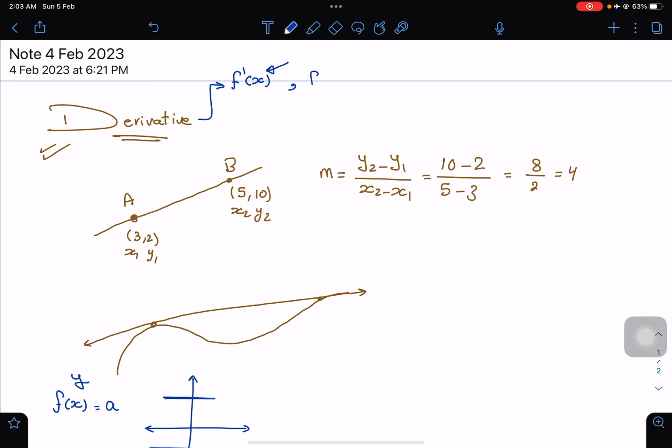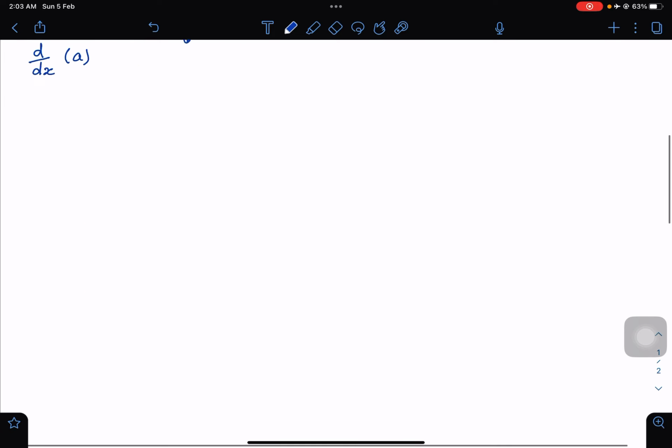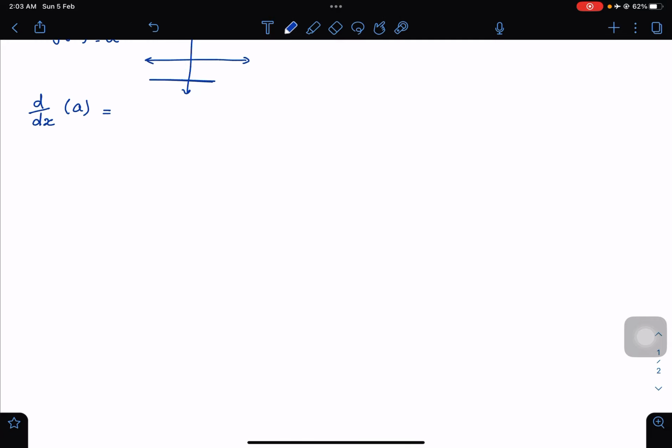Or if I write f dash dash x, that means find the second derivative of the function, and so on. Or I can write d over dx, that's another symbol of a derivative. So, the derivative of a constant number, like 1, 0, root 2, any constant number, directly put 0.